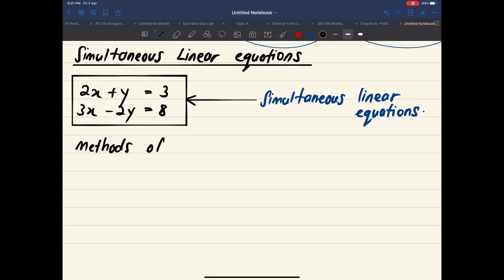What are the methods of solving simultaneous linear equations? There are three.